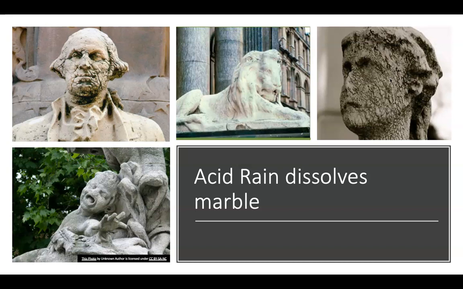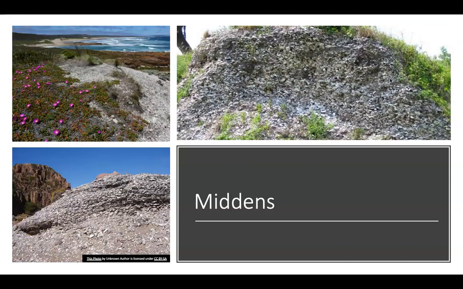Now, when it comes to acids and marble, we need to think about a compound called calcium carbonate. And I want to talk to you about middens as a way of explaining calcium carbonate. Middens, you may or may not know, are mounds of shells from shellfish. They're mounds that were put there deliberately by Aboriginal and First Nations people.